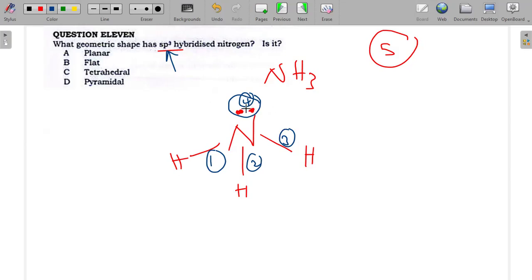Instead it will form what we call pyramidal, trigonal pyramidal. That's what it's going to form. So here we're going to pick D as the best answer, to form trigonal pyramidal. But here they just put the sign name. So that's what we have there.